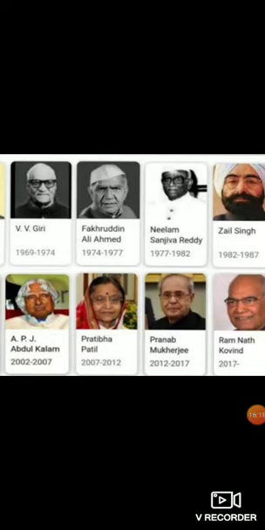So that is the job of the president. And who is our current president? It is Ramnath Kovind. All right. So these are the ex-presidents of our country. And who is the current president of our country? It is Ramnath Kovind. And the president is the constitutional head of our country.